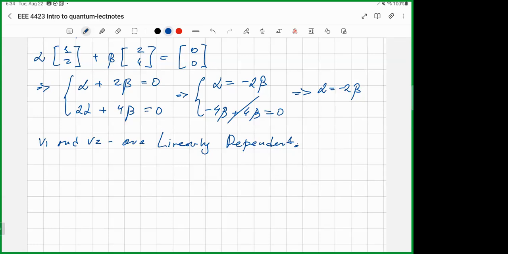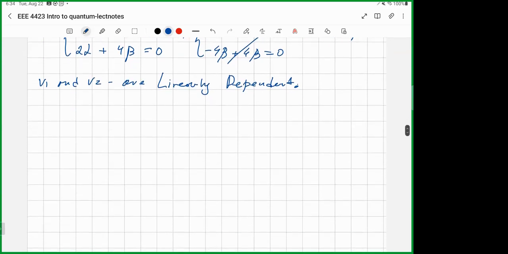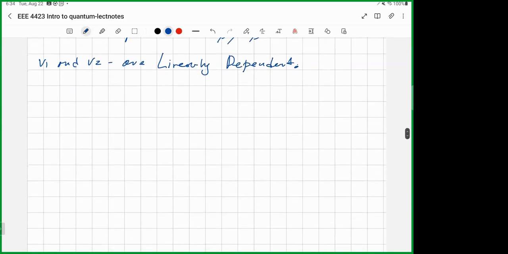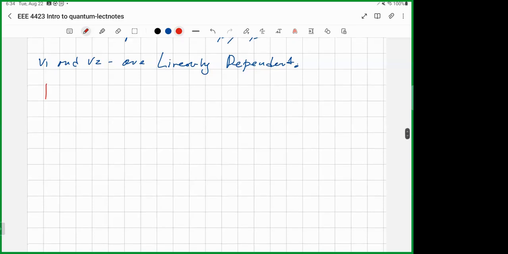So far, it might look artificial, right? So why do we need all this for quantum? We're coming to that point. The next concept we need to discuss is the concept of space dimension. We have some sort of linear vector space, but how do we describe the dimension of this space?